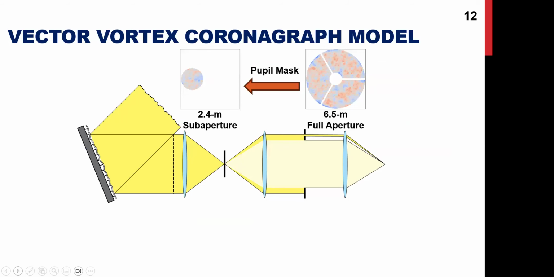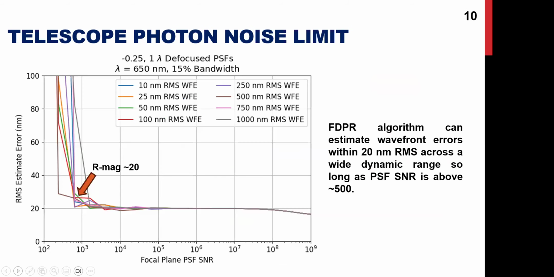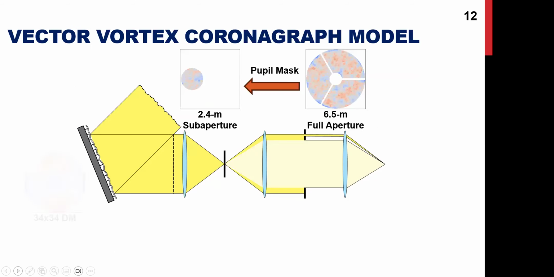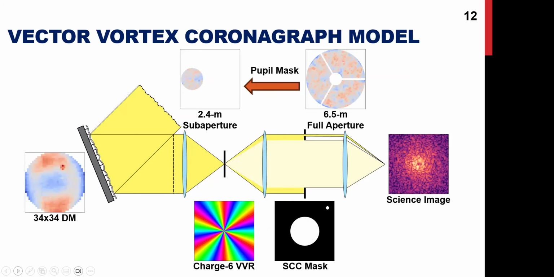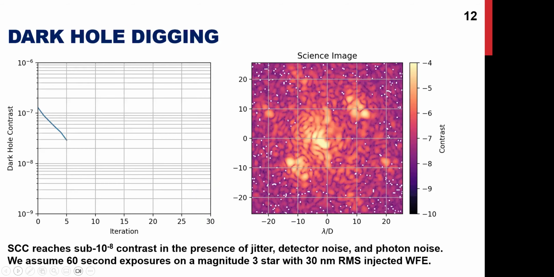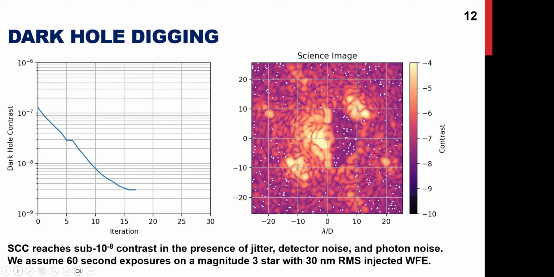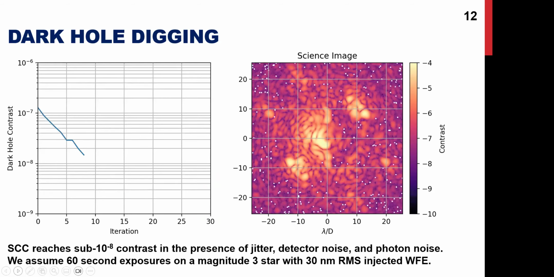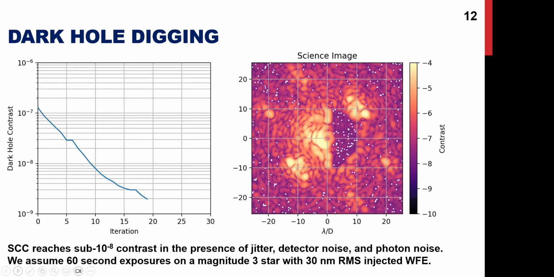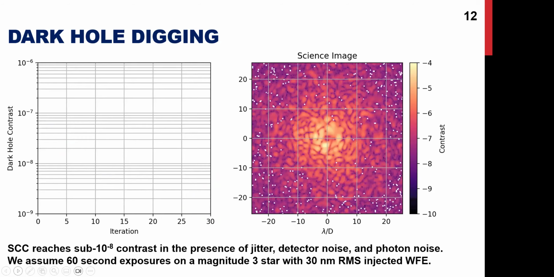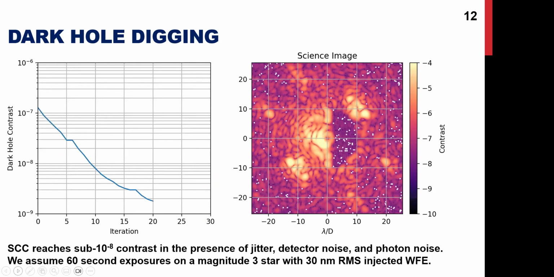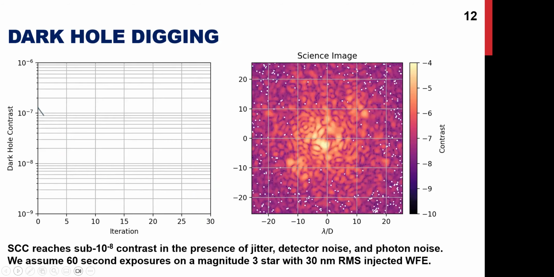I make that assumption because in the correction loop, it stays pretty static. But then, yeah, all that stays static while I actually dig the dark hole. So we're not really changing the wavefront error or OPD. The DM just adds some shape that does destructive interference over there. Okay. Did that answer the question? It did. Okay. Thank you. Just want to make sure.